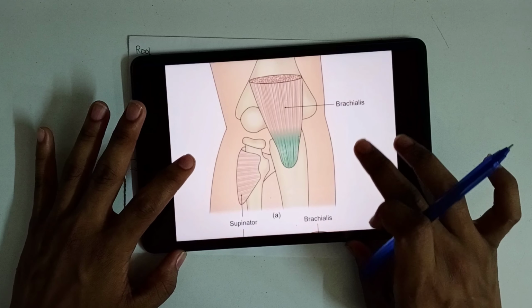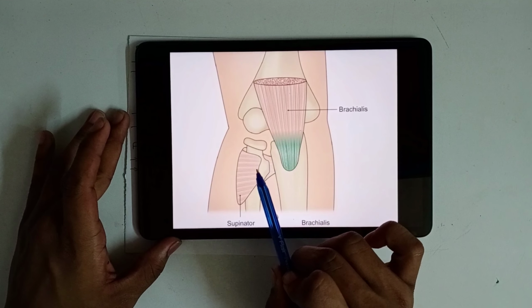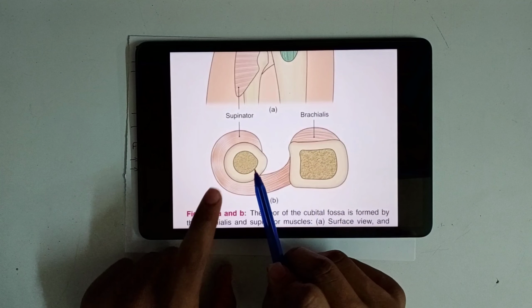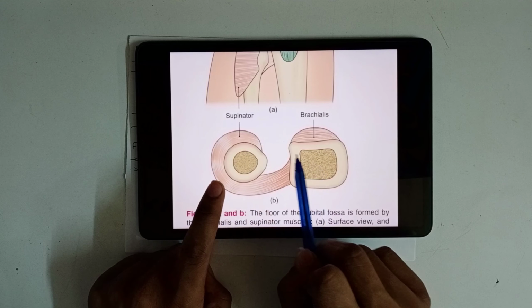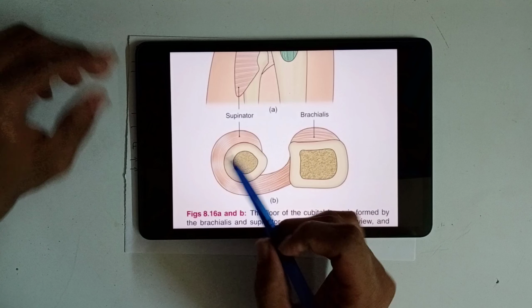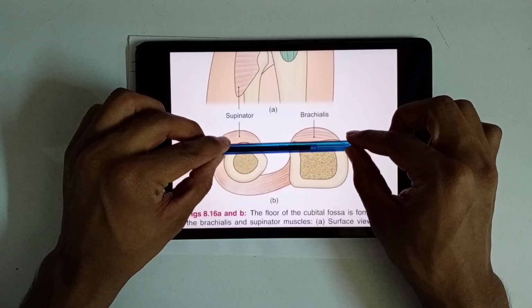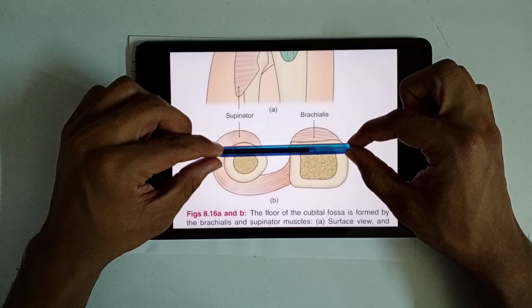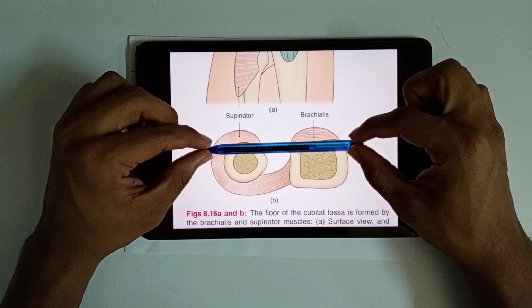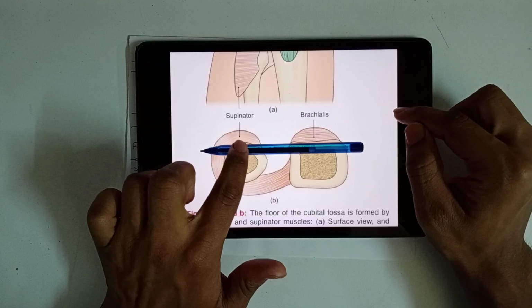This is the cubital fossa. This is our radius, ulna. So the part above the line forms the base of the cubital fossa.